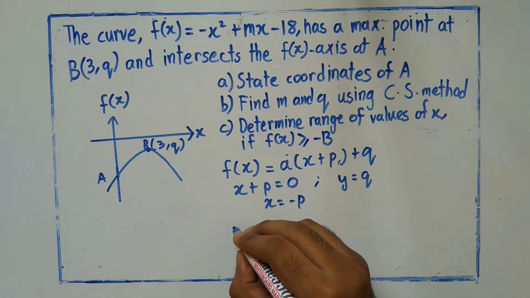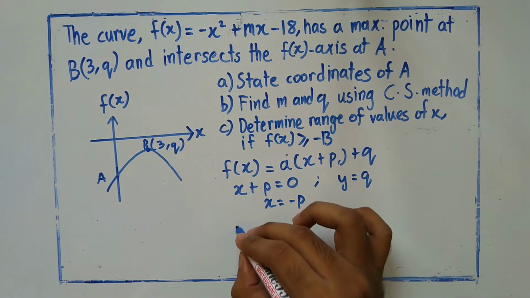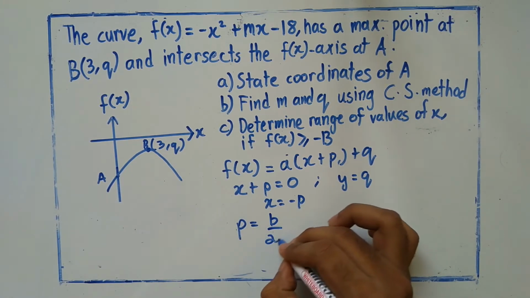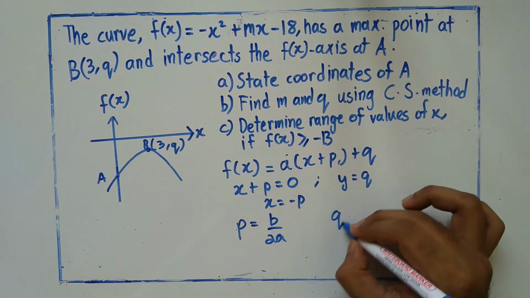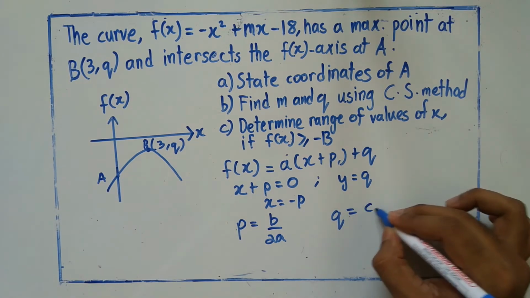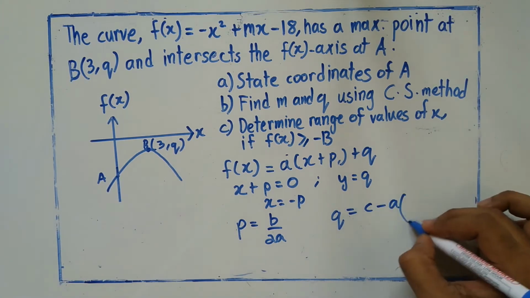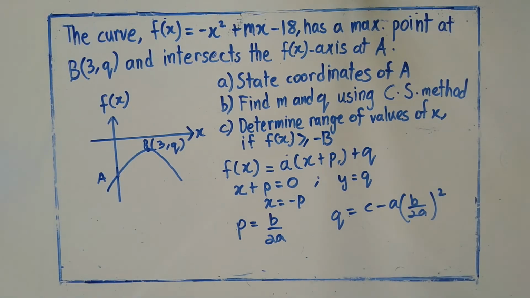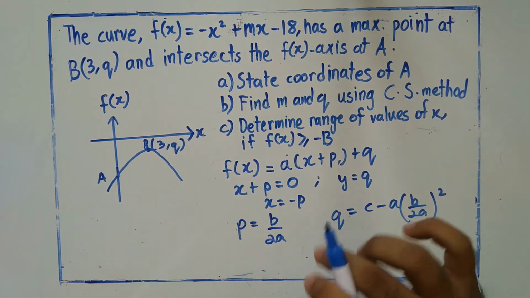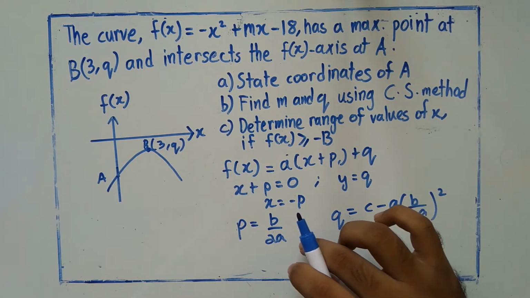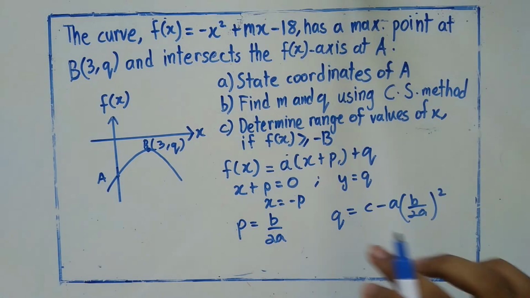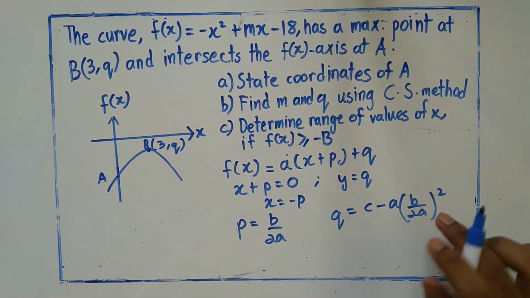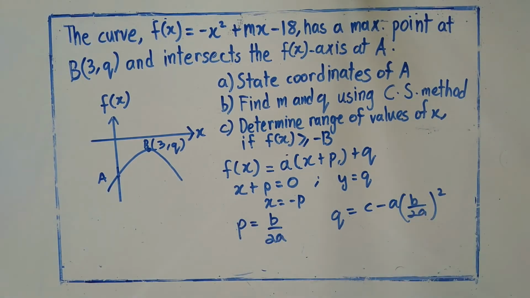The formula is as given. p equals to, q equals to. All you have to do is to substitute the values of a, b and c into the equation and we can get our values for x and y.